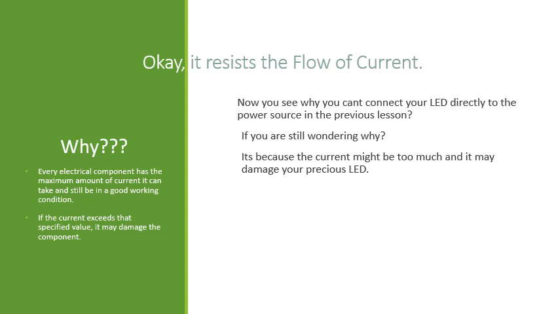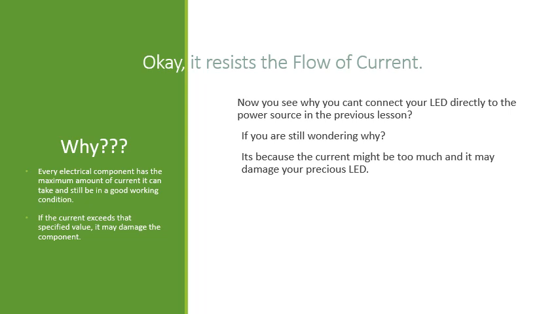Remember in our previous tutorial I said you shouldn't try connecting your LED directly to the power source, that is your 5 volts on the Arduino. I promised to explain why you shouldn't do that in the next tutorial. So here we are.